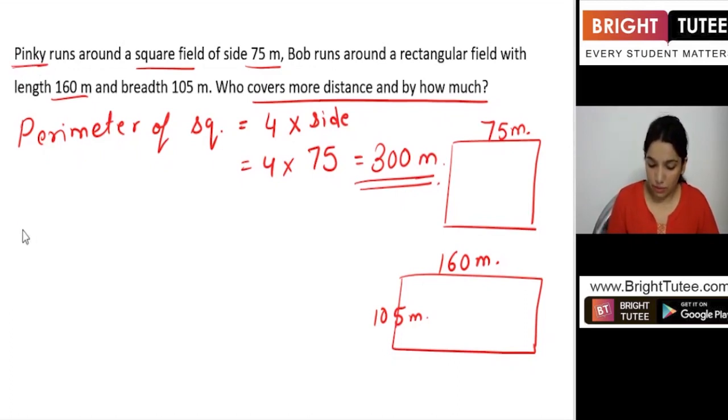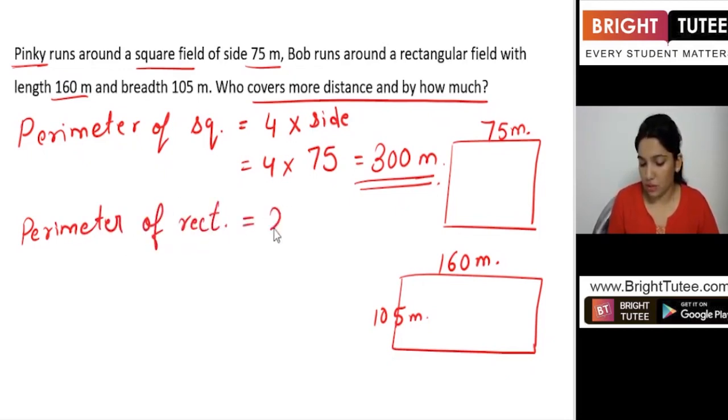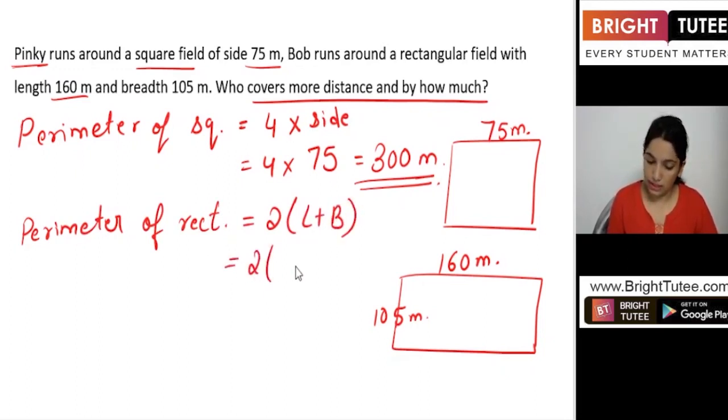And now let's calculate for the rectangle. I hope you do remember the formula to calculate the perimeter of a rectangle. It is 2 times length plus breadth, right? So what is the length here? Length is 160, and the breadth is 105.